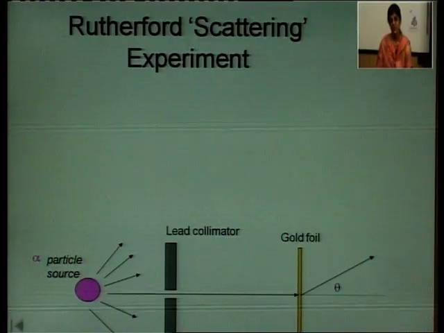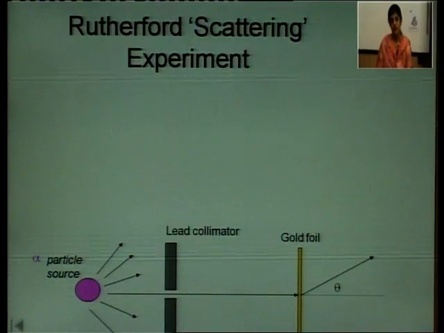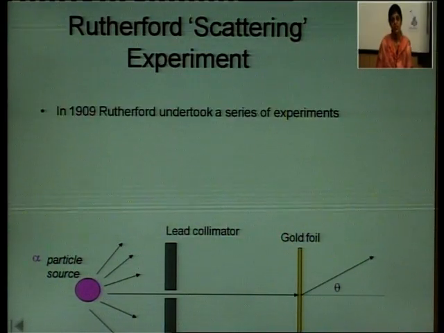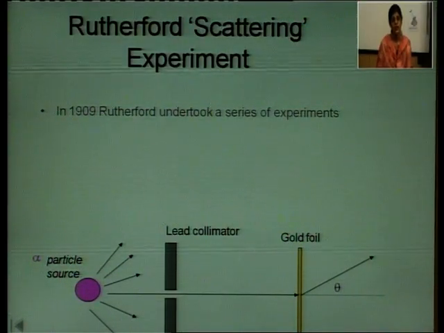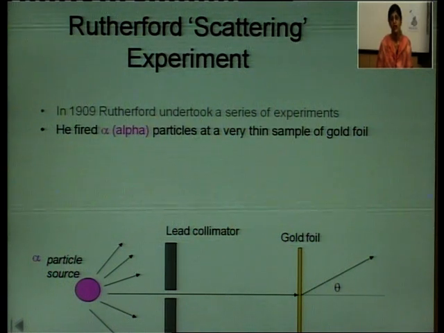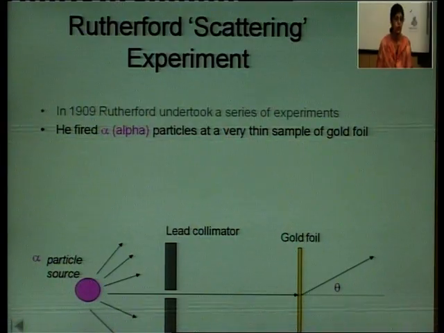Rutherford was a scientist. He was carrying out his alpha scattering experiments. He was doing a series of experiments. What he did, he fired alpha particles at a very thin sample of gold foil.